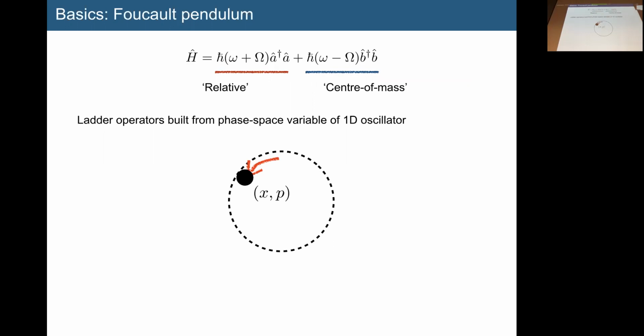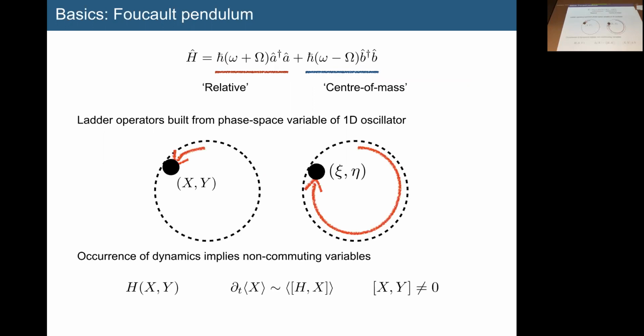And if I know that point, I can then time evolve forwards or I can time evolve backwards. Okay. Now, for a 1D oscillator that everyone meets when they're first year undergrad, the phase space you're used to could, for example, be the x and p. I need to know the position and I need to know the speed. And sure enough, if you then want to construct ladder operators for the 1D harmonic oscillator, you would build your ladder operator out of these two non-commuting variables.